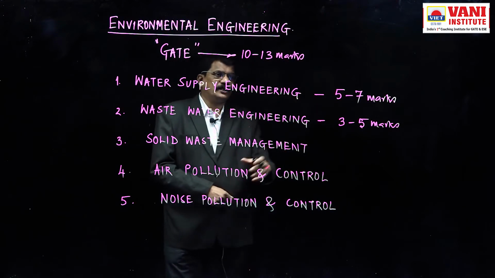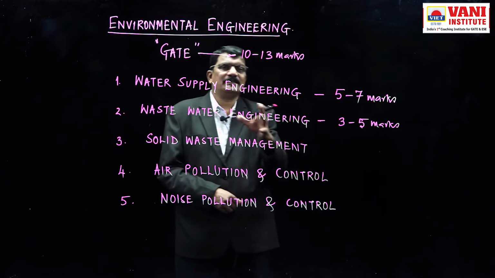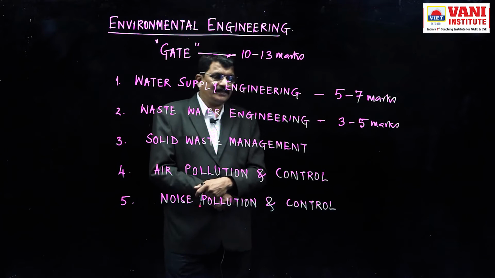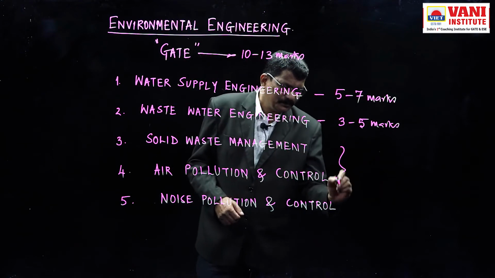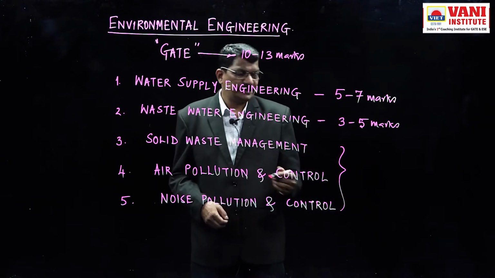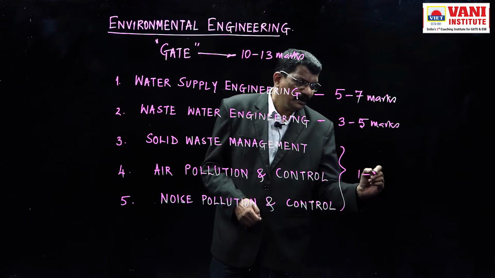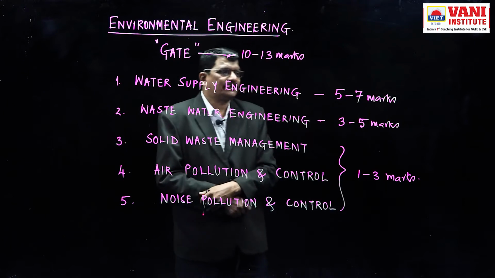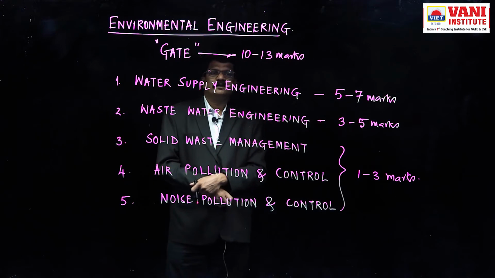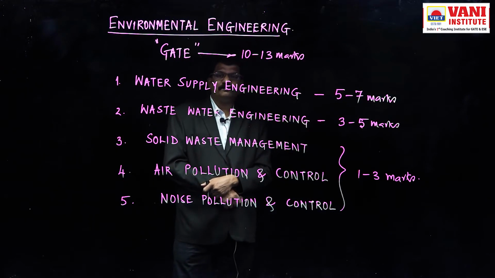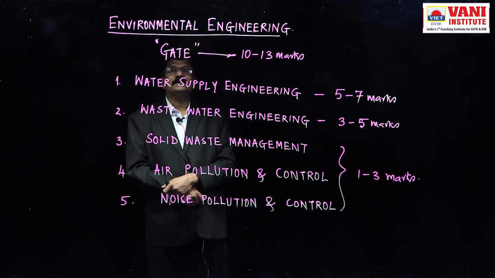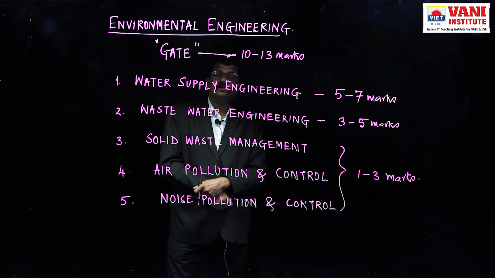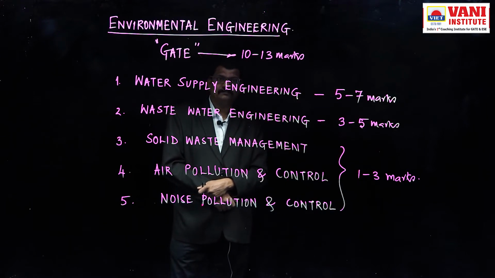As you can see, the first 2 itself are somewhere around 9 or 10 marks, whereas for the remaining 3 you can expect anywhere between 1 to 3 marks. So this is what we have under the subject of environmental engineering, specifically for the GATE examination.